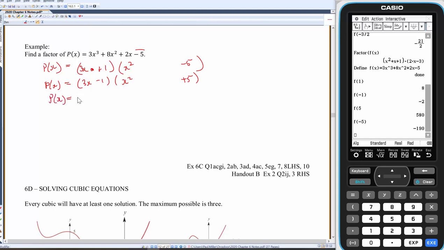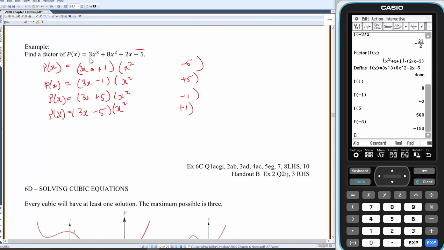P of x equals 3x plus 5 is a possibility, because this could be negative 1, again, when they're expanded. So I'm thinking about what it would look like when they're expanded. And P of x could be 3x take 5, in which case that would be x squared plus 1. All right.